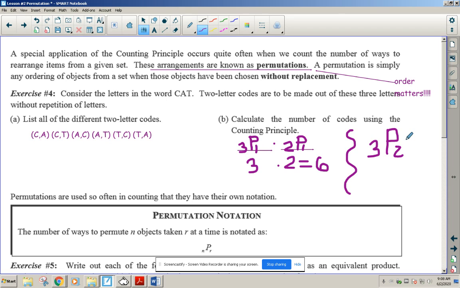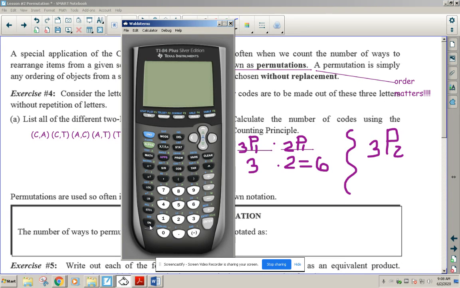And this, if you go to your calculator, and let's turn it on. Now, hit the word math. Look up at the top. There's that probability menu. So if I click the back arrow, here it is, and here's the permutation key number 2.